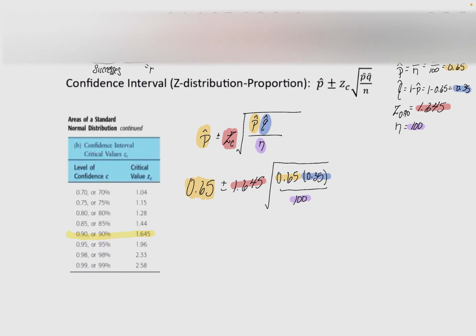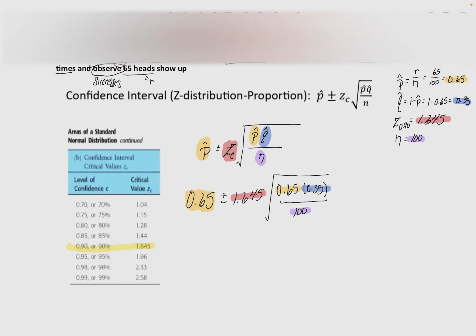Okay. So, plugging this into the calculator, I want to simplify everything underneath that square root first. So I'm going to take the two numbers in the numerator, 0.65, and multiply by 0.35, multiply them by each other, which gives me 0.2275.